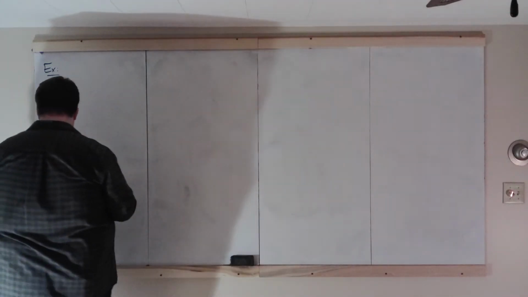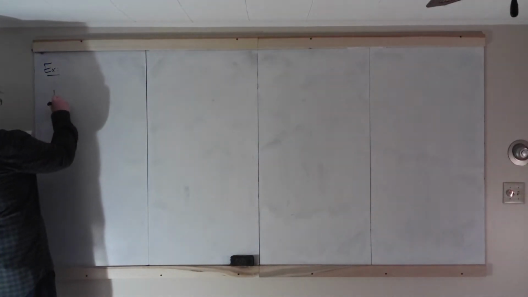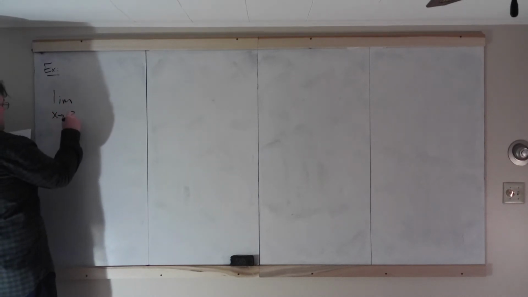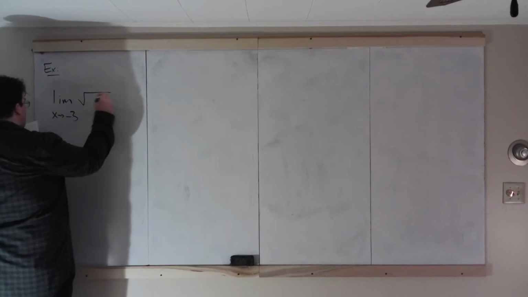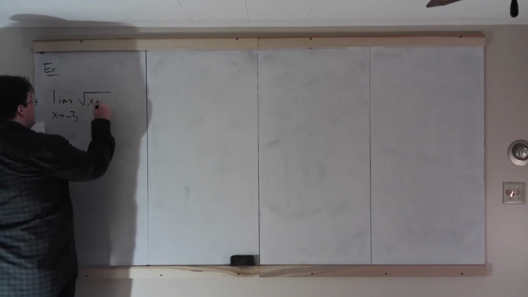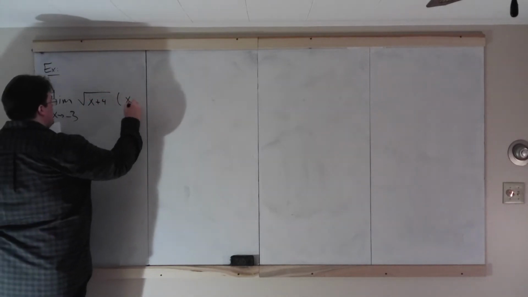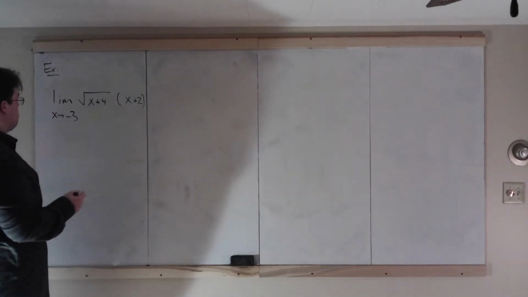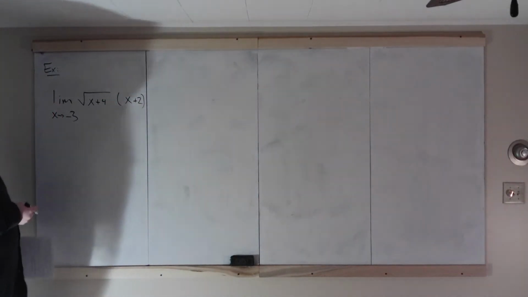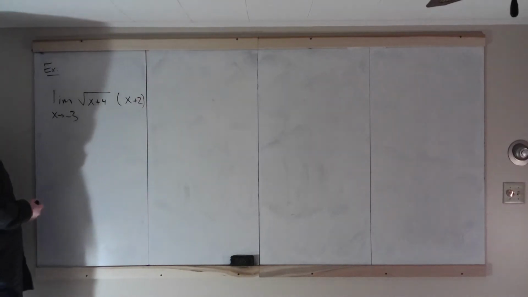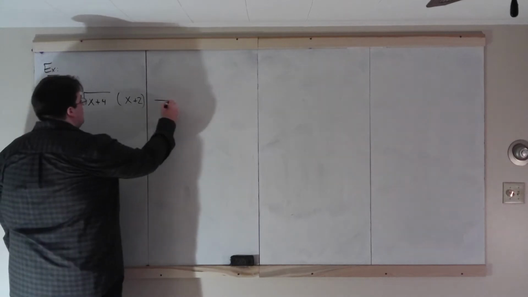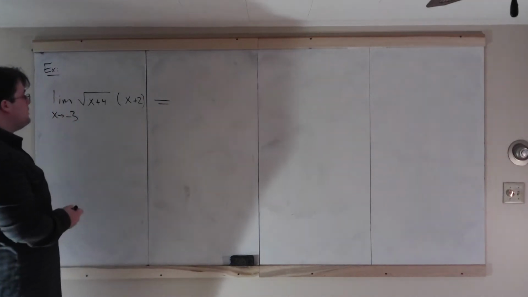Limit as x approaches negative 3 of root x plus 4 times x plus 2. So right here, what is our function? Root x plus 4 times x plus 2. Well, first thing we notice is that it's a product of two things.